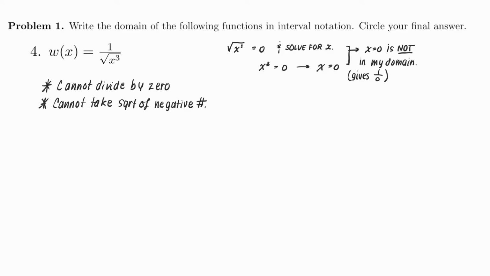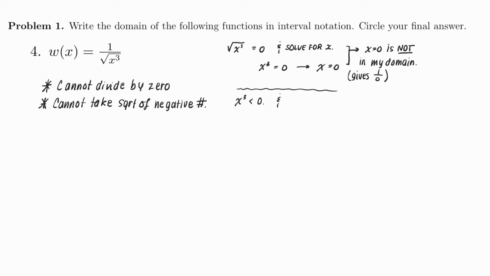Okay, so the second thing I need to worry about was taking the square root of a negative number. So what I'm going to do is I'm going to see the values of x for which x cubed is less than 0. All of the values for which x cubed is less than 0 will not be in my domain.